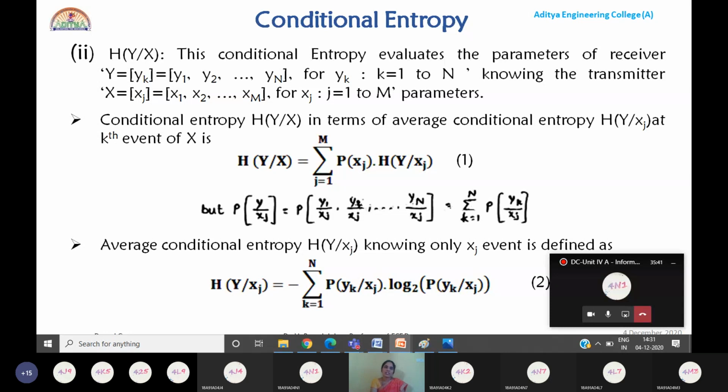I explained it in the last class, and now I also revised the expression for H of x by y. Can you please tell me the procedure for calculating the conditional entropy?